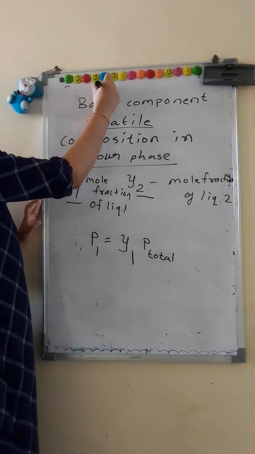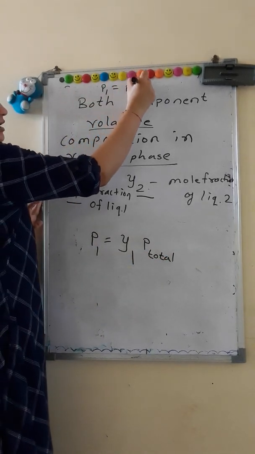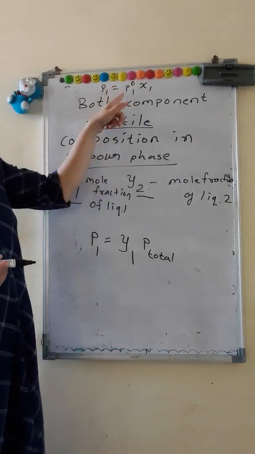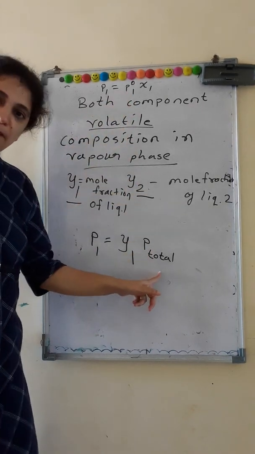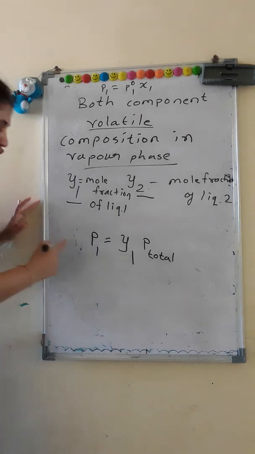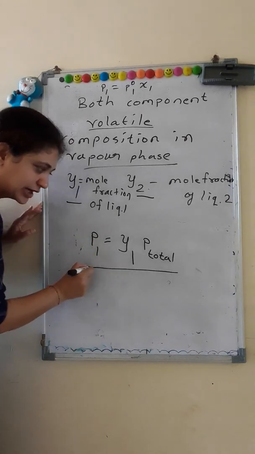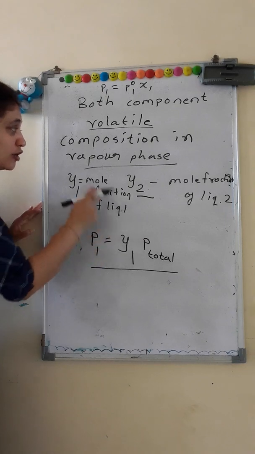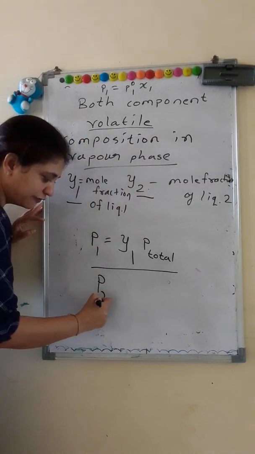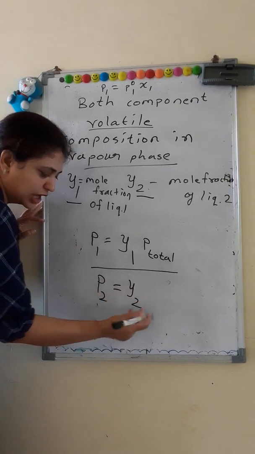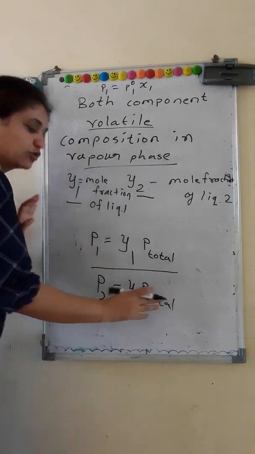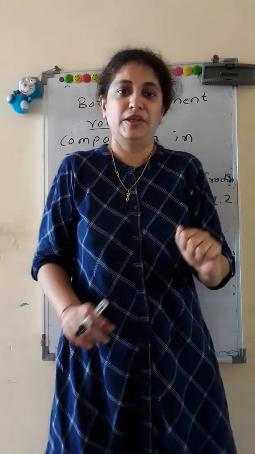Remember your Raoult's law, we got P1 is equal to P01 chi1. This is in solution phase. Where P01 here is now replaced by P total and chi1 is now replaced by Y1. So in vapor phase, this formula can be utilized to find out composition of each liquid in vapor phase. So similarly, partial pressure of liquid 2 will be equal to Y2, means its composition in vapor phase, multiplied with P total, that is total pressure of the solution.